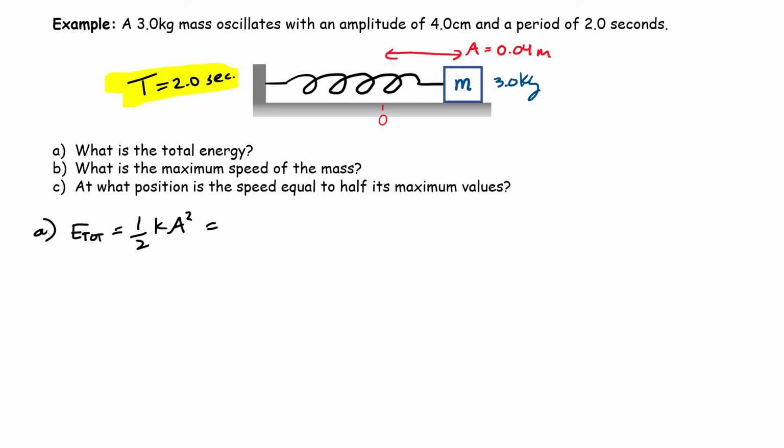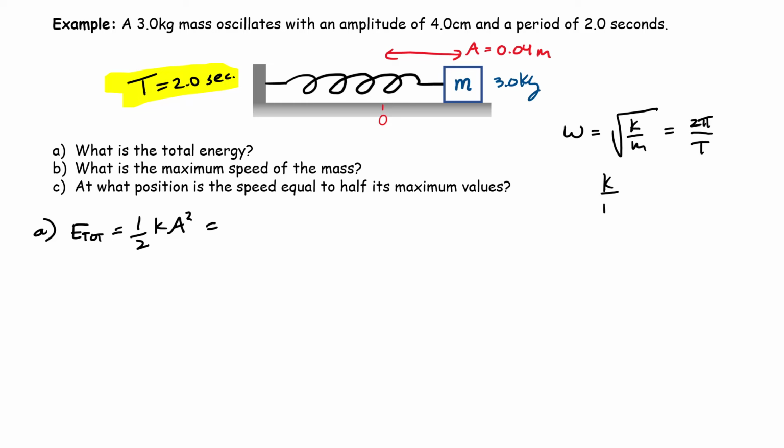If you know the period, remember that omega is equal to the square root of k over m, and omega is related to the period: it's 2 pi over T. So they've given me this, and I can do a little bit of calculation to find k.